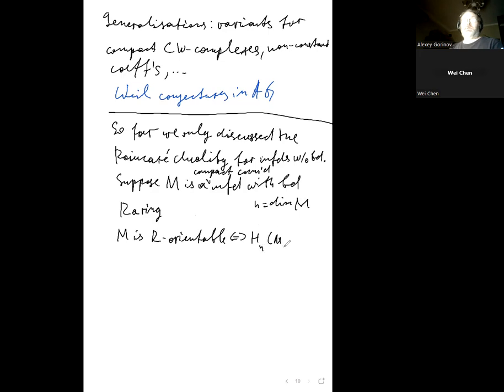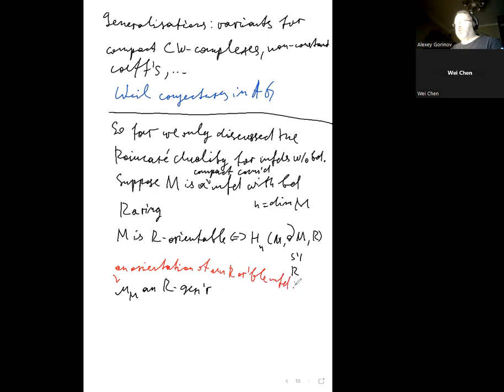Hn of M mod the boundary is isomorphic to R. Then we define an orientation of an R-orientable manifold in exactly the same way as for manifolds without boundary.